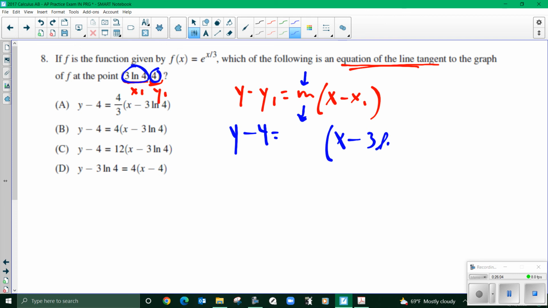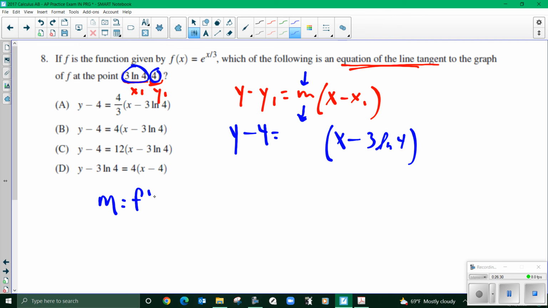3 ln of 4. Can you have that, mister? Yeah, that's what they gave you. So that's what you use. Stop trying to overcomplicate it. Here's where it's going to get fun. In order to find my m value, that equals the derivative of my function at the x value in the coordinate.